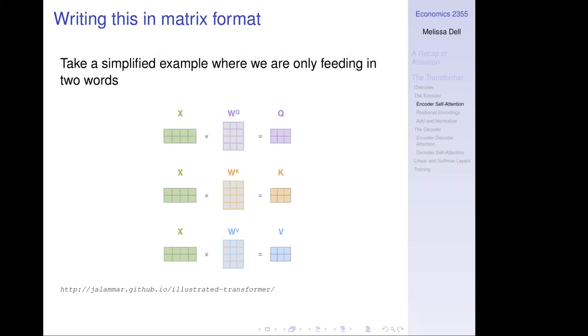We multiply them by the query matrix to get the query for each of those input tokens. We multiply them by the key matrix to get the key representations. And there's a key representation for each input token, and we multiply them by the value matrix to get the value for each of those, which are these lower dimensional vectors.